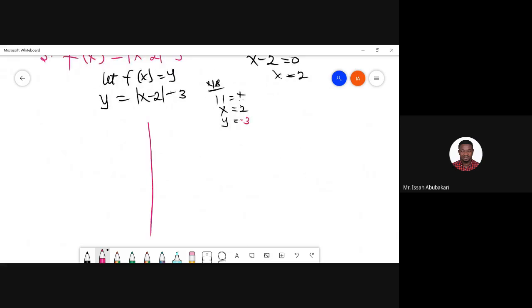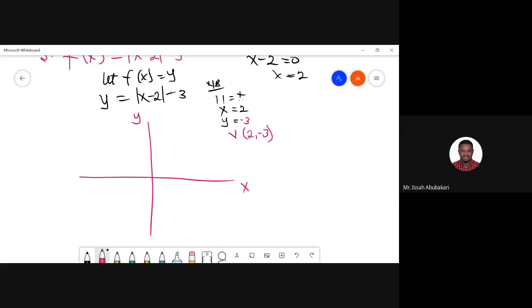So we're going to have something like this. This is our y-axis, and x. We know that. Now, the vertex is going to be 2 and minus 3, okay? And when I say vertex, I mean the vertex is the turning point or the minimum or maximum point, whichever way.